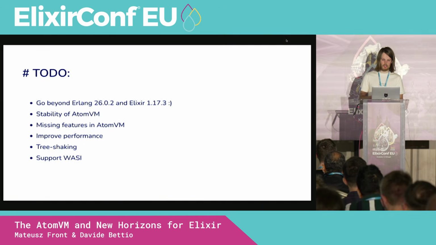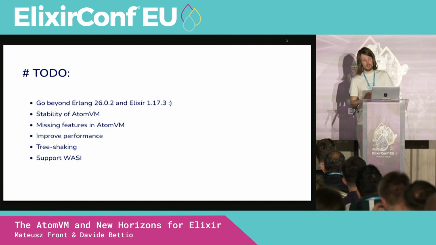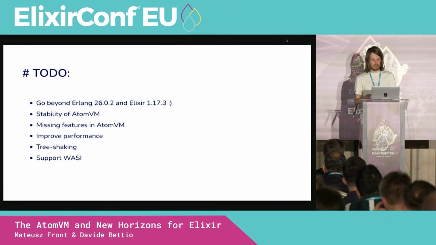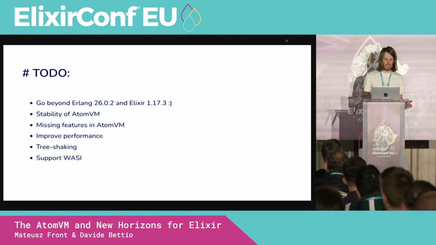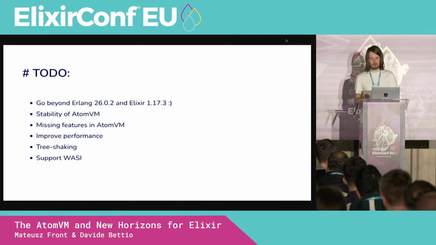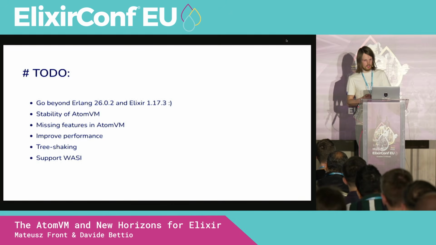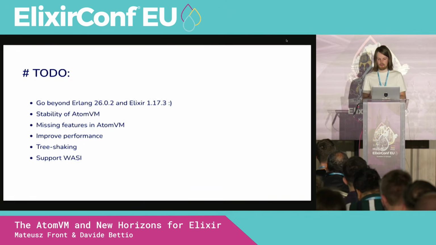Another thing is that I mentioned that AtomVM is 190 kilobytes. However, the problem is you also need to load the code and the standard library, and the standard library is over 3 megabytes when you gzip it. So for some use cases it's acceptable, for many use cases it's too much.